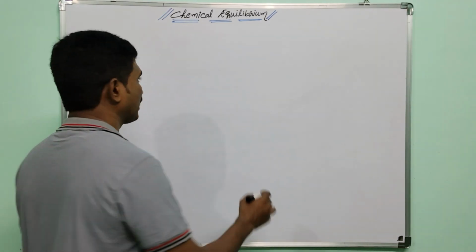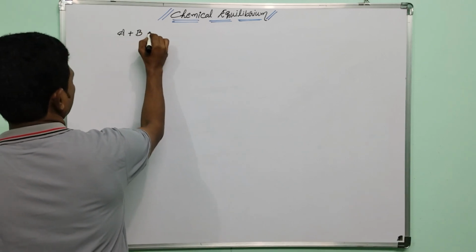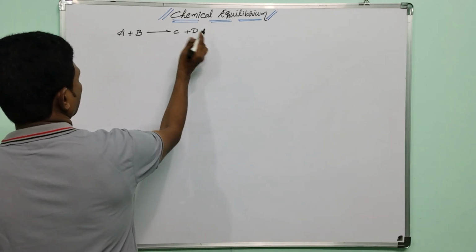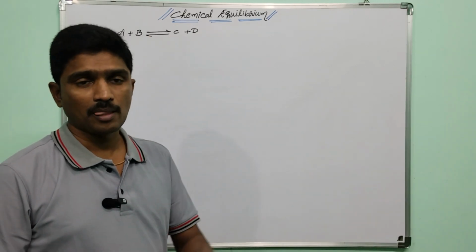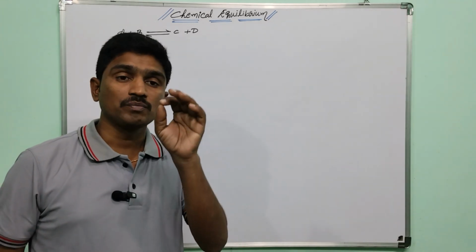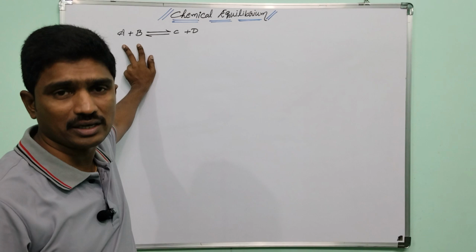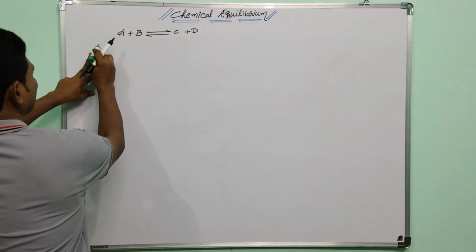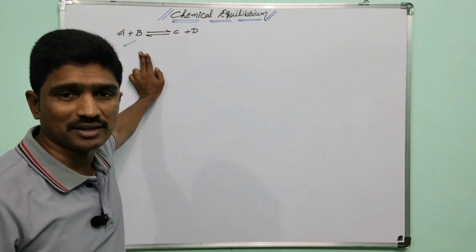Okay, let us consider a reaction. For example, A combines with B to give C and D. Then the products recombine to give the reactants A and B. So observe clearly. Initially in a vessel we take A and B, nothing but only reactants. When the time t is equal to 0, A and B are predominant.